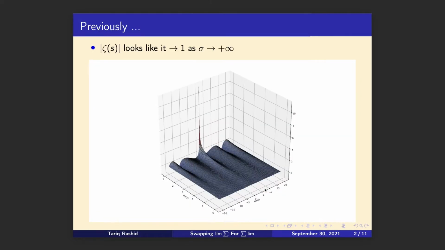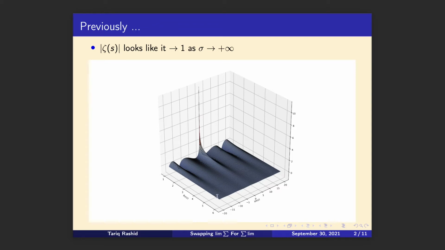So we took the Riemann Zeta function into the complex plane and we visualized it, and we talked a lot about where it converges and what it looks like. One of the things we noticed was, as the real part of s increases, as in it moves to the right of the complex plane, the Riemann Zeta function, at least its magnitude, looked like it converged to 1.